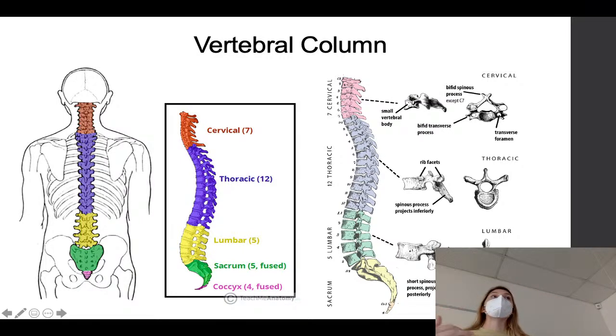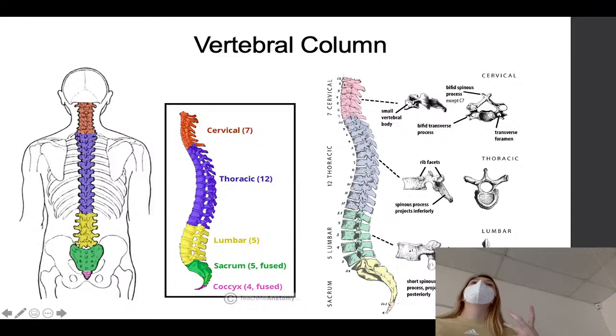Once we get to C7, we'll then move to T1. So T1 through T12. T12 will be the last in this thoracic region. So again, you'll just count it out: 1, 2, 3, 4, 5, 6, 7, that's my C7. T1, 2, 3, 4, 5, 6, 7, 8, 9, 10, 11, 12. And I get all the way down to T12 there.